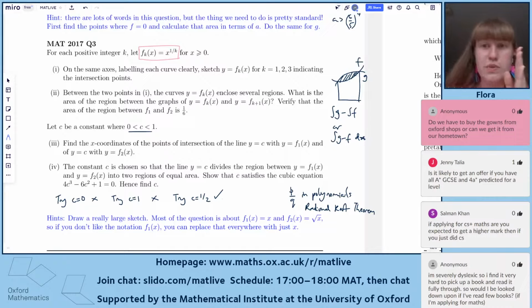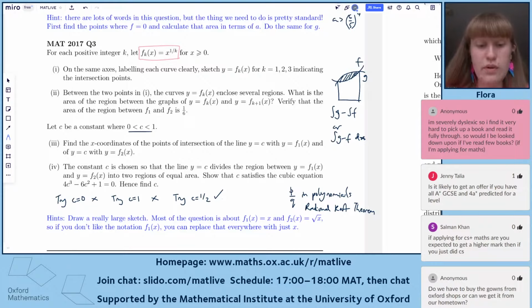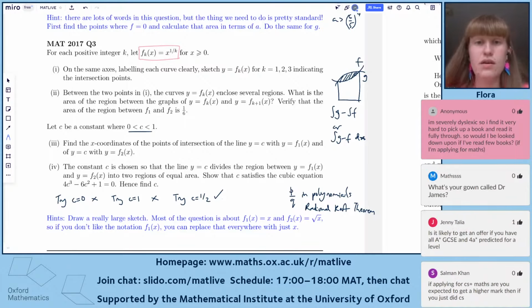Someone was asking about being dyslexic and finding it hard to pick up a book and read it through. I don't think you'll be looked down upon if you've not read many books. Since you're applying for maths, there are other ways that you can consume mathematical content. Presumably it will be made known on your application that you have dyslexia, and the application will be considered in that context.